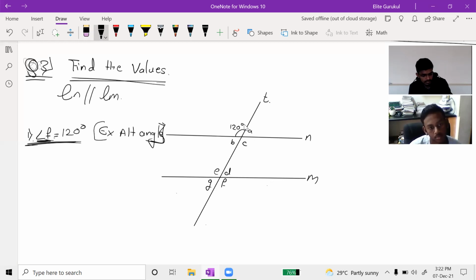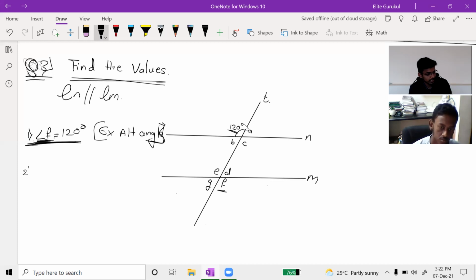What is the alternate angle for 120 degree? Alternate external angle, alternate exterior angle. So angle F and angle C, 120 is equal. This is how we have to remember it.